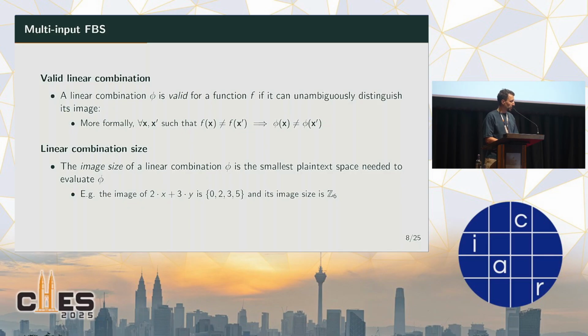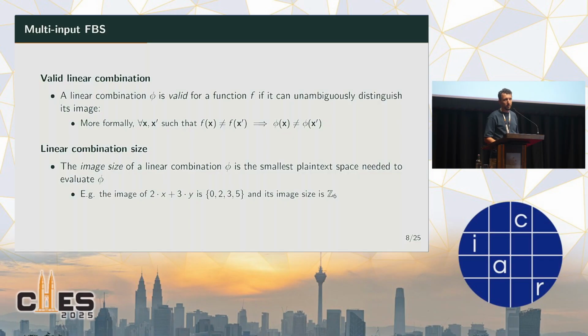A linear combination phi is valid for a function f if it can unambiguously distinguish its image. So for each pair of inputs x and x' where the function you want to evaluate doesn't have the same value, the linear combination must have different values also.